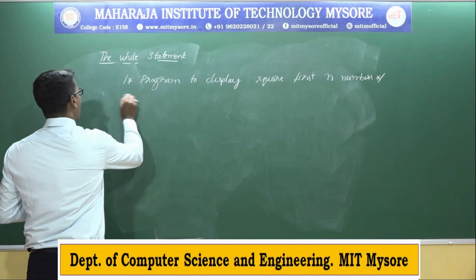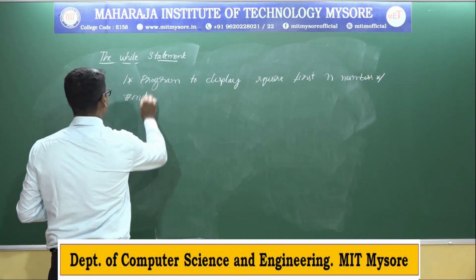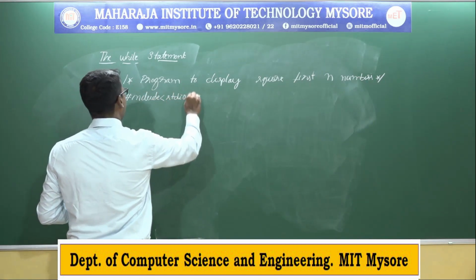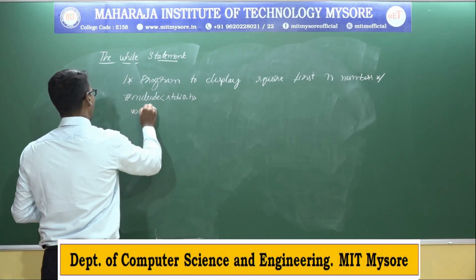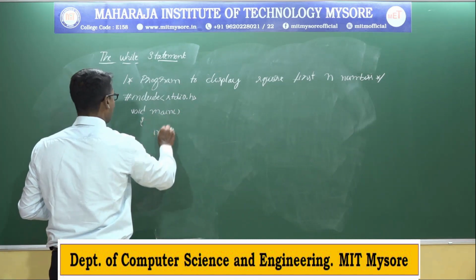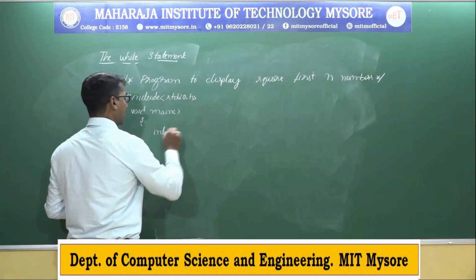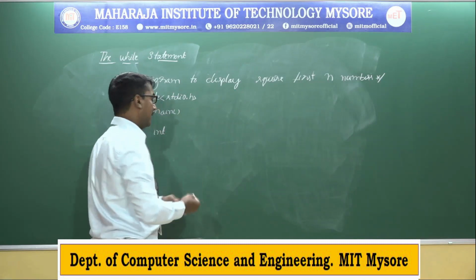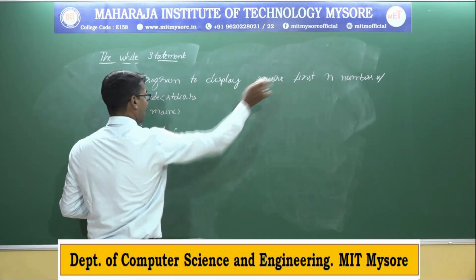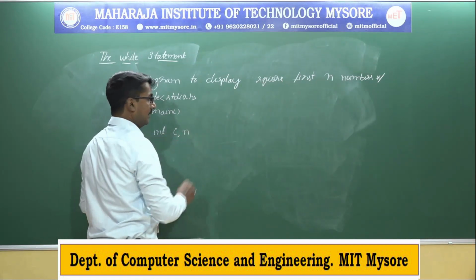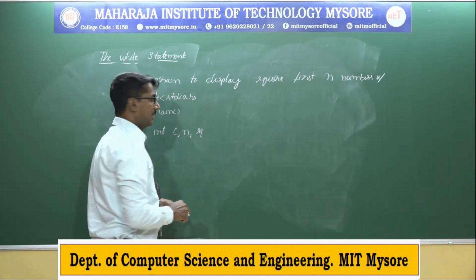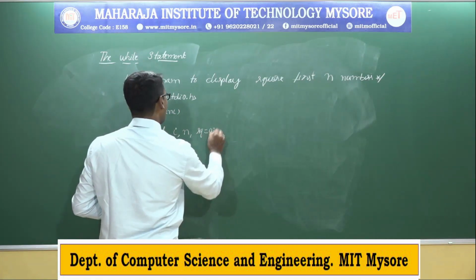So, #include <stdio.h>, void main. We need one variable for iterating the loop, so I'll use the variable i. Then I need one more variable n. Then to store the square I use sq as one variable, and sq is equal to 0.